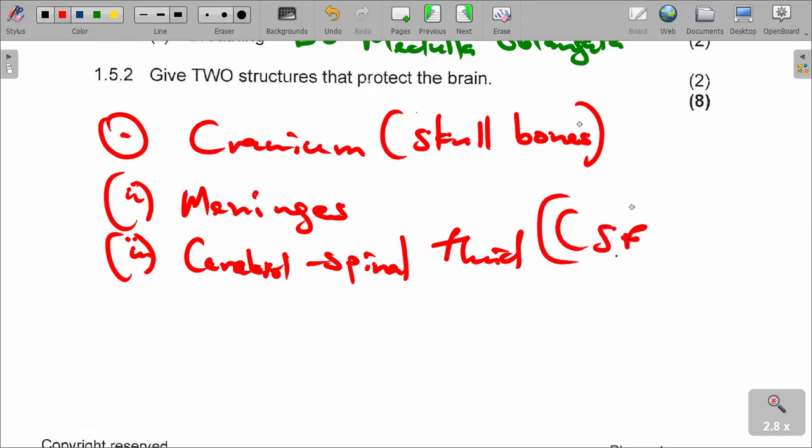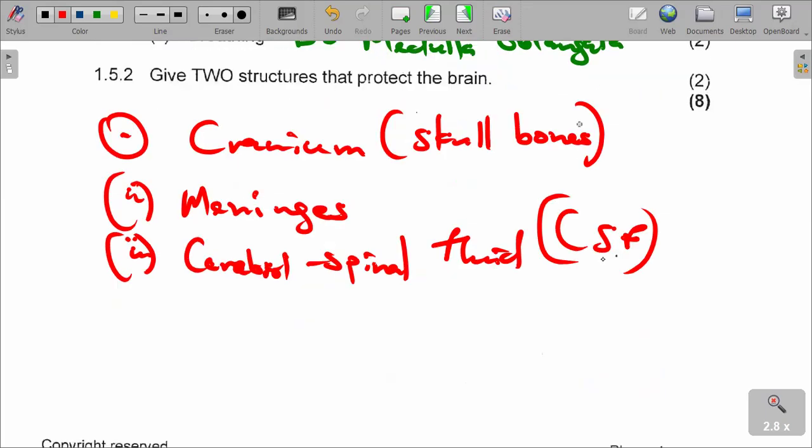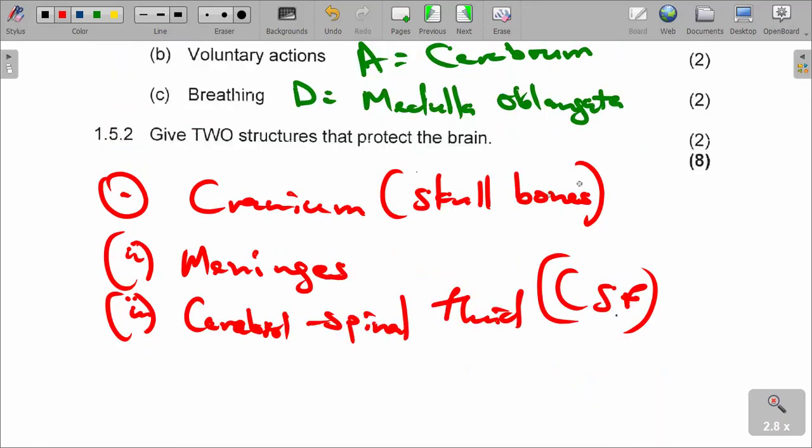Cerebrospinal fluid has a very good protective mechanism which releases pressure. It also ensures there is lubrication. So what we are saying is the cerebrospinal fluid, the meninges, and the cranium are there to protect the human brain.